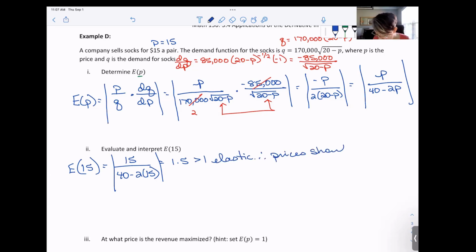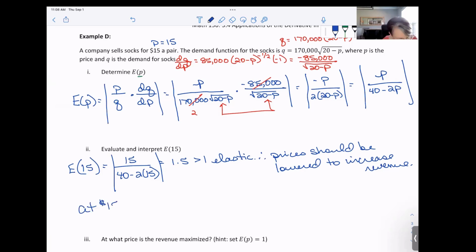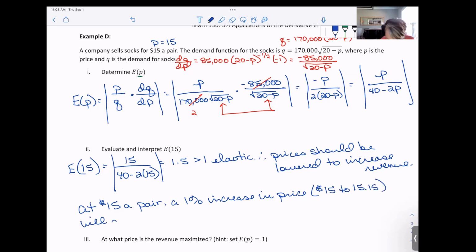So that means prices should be lowered to increase revenue. But that's not really an interpretation of what all of that means. So we would say at $15 a pair, a 1% increase in price, and it wouldn't hurt to say, you know, we're going from $15 to $15.15, will decrease demand by 1.5%.